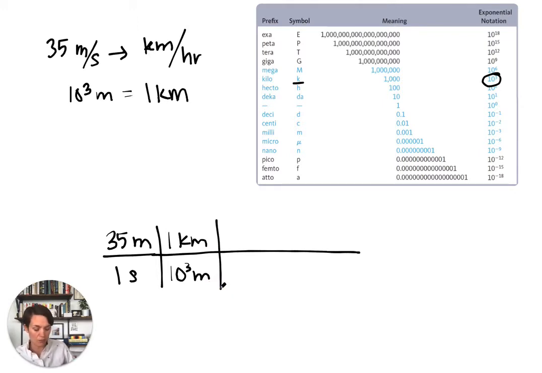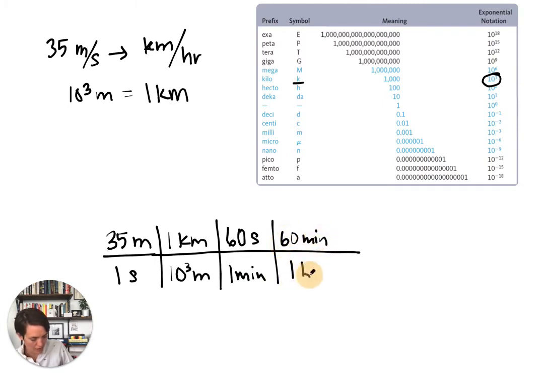Now I need to go from seconds to hours, right? So let's just do this piecemeal. I know that there are 60 seconds in 1 minute, and there are 60 minutes in 1 hour. Okay, you could also take 60 squared, 3,600, and just multiply by that. But we took it the long way around, which is fine.